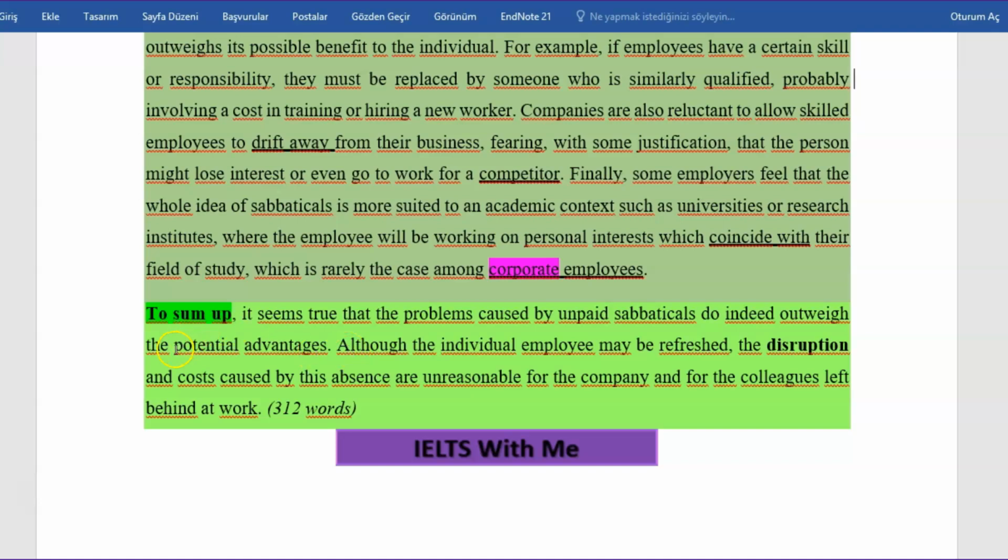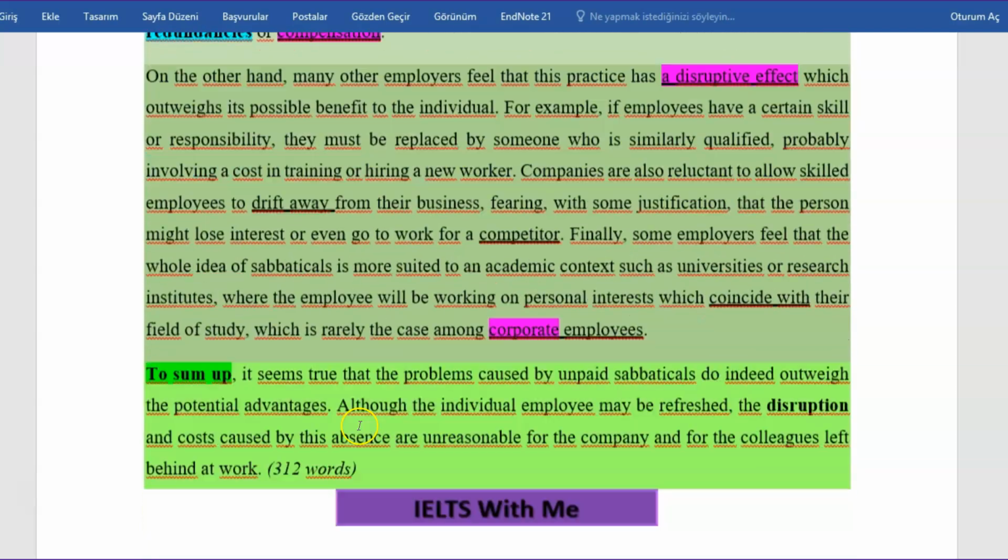Again, we are not sure that this is going to happen, and therefore we are using tentative language. Although the individual employee may be refreshed, the disruption and cost caused by this absence are unreasonable for the company and for the colleagues left behind at work. Okay, and we have a good number of words.